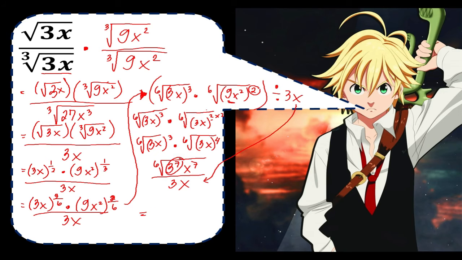Simplify for this one, we can have the 6th root of 3x over 3x. Maka-cancel natin yung numerator and denominator. Then we have the 6th root of 3x.